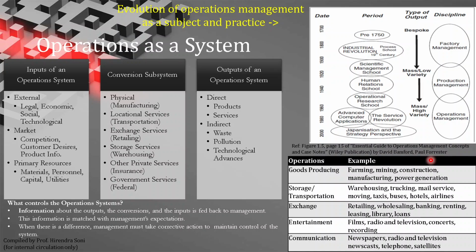The outputs we talked about directly, what is being the output in terms of the product or the service that we are actually looking at. But not only just that, there is an indirect aspect also to it, which is not a desired aspect of output, but it is a part which is always there.